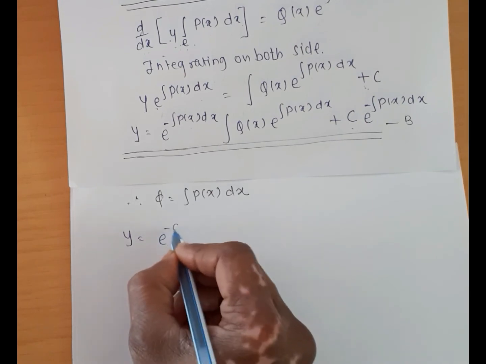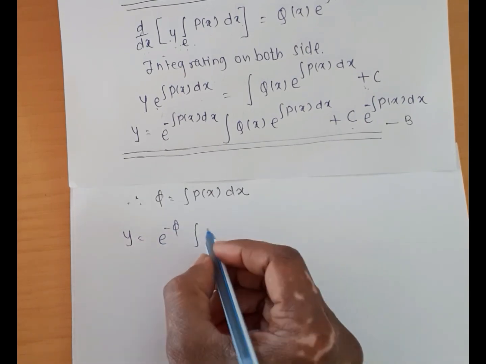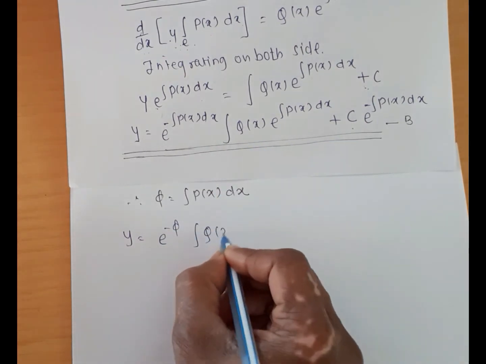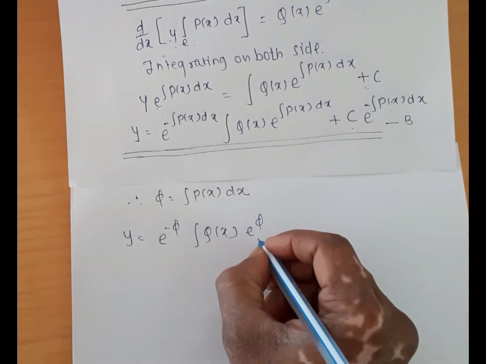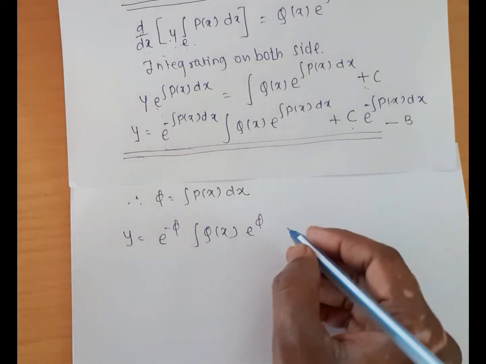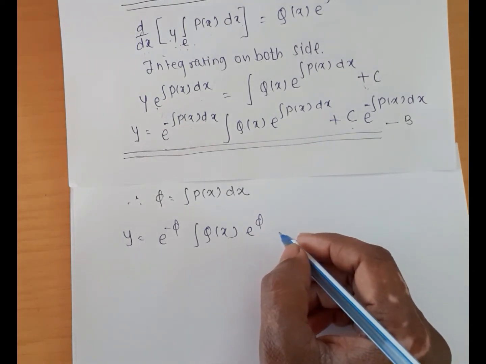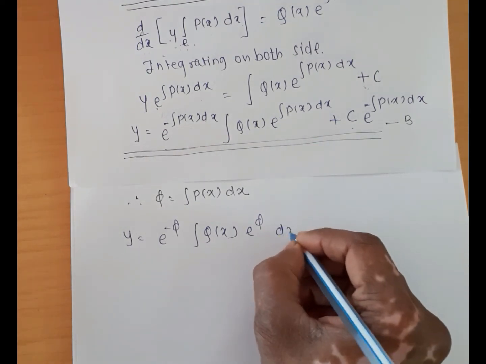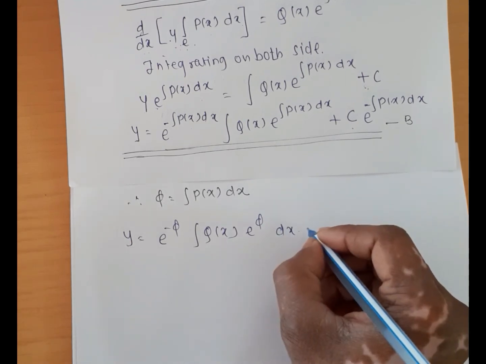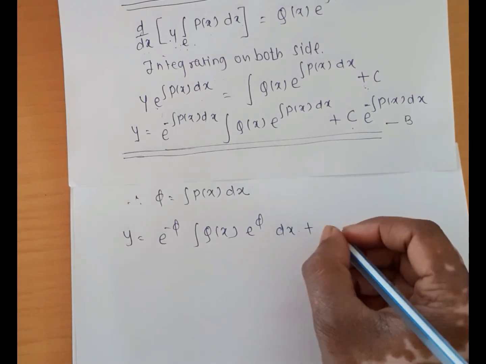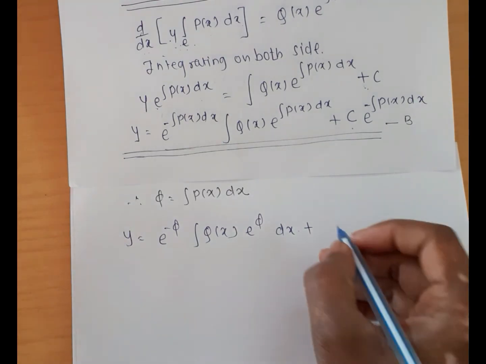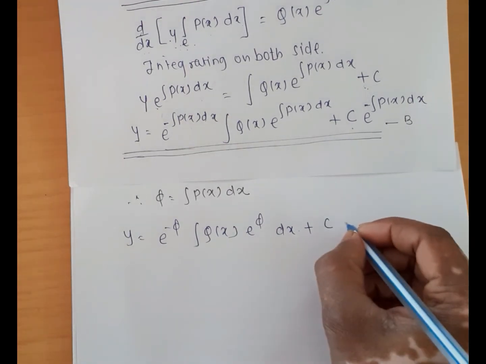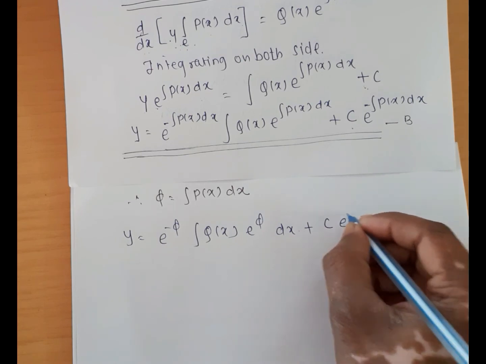So e raised to minus phi into integral of q of x e raised to phi into dx plus c into e raised to minus phi.